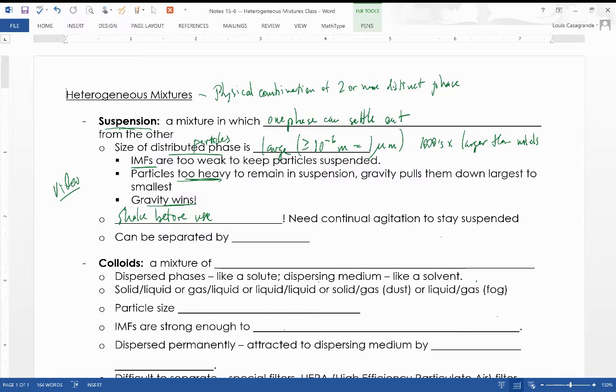The nice thing about these guys, and we said this before, but now we kind of understand, they can be separated by filtration. And so think of the copper 2 phosphate lab.